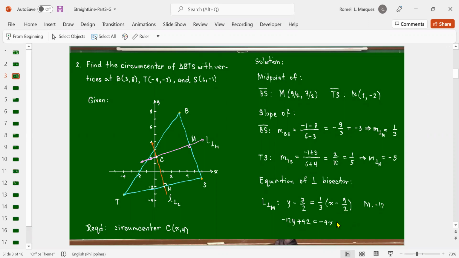That is positive 18. Okay? Simplifying, we have 4x minus 12y equals negative 18 minus 42, negative 24.